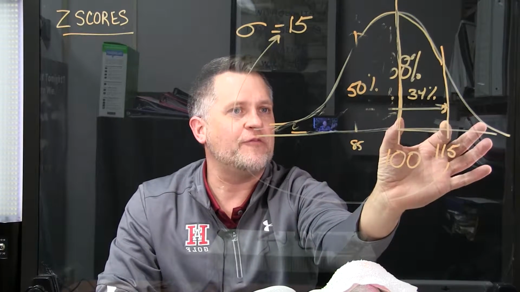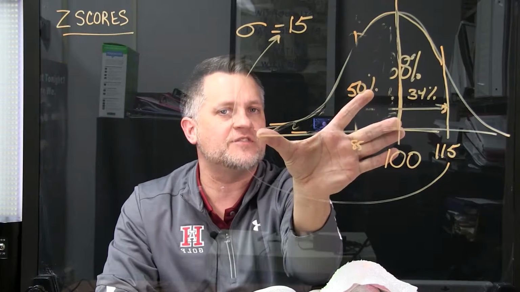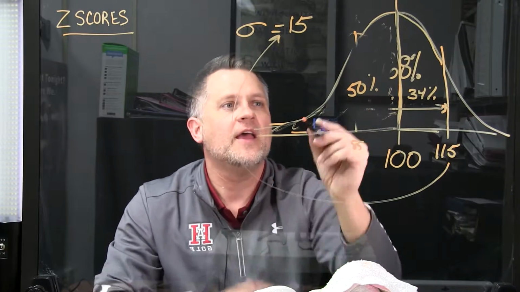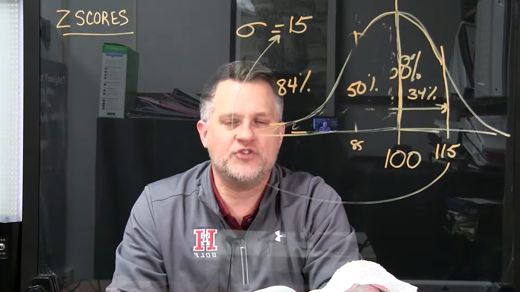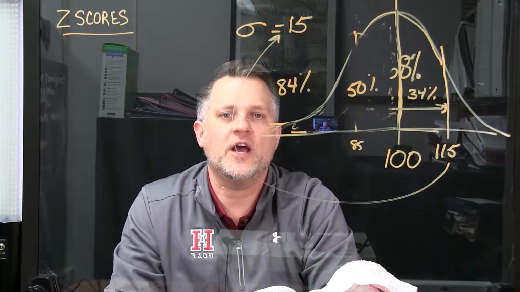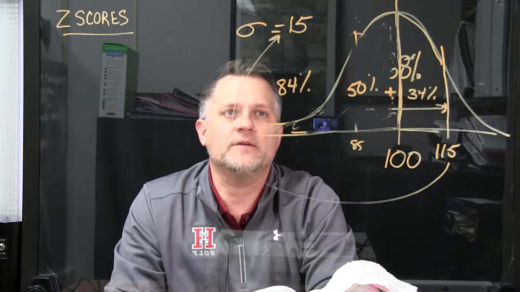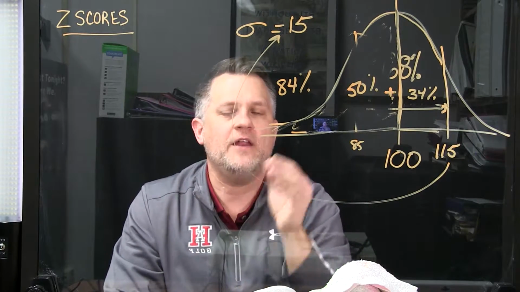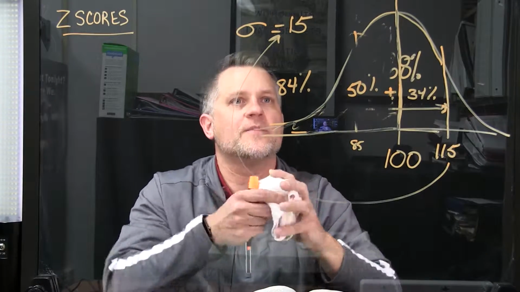So if this is 34 and this whole group of observations is 50% of all observations, it means that Joe scored better than 84% of all the people who took the IQ test. That's 50% plus 34%. He scored better than 84% of all the people who took the IQ test.